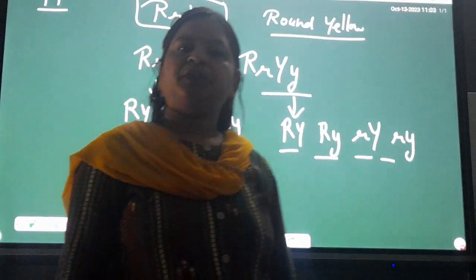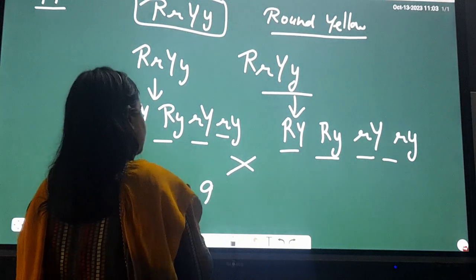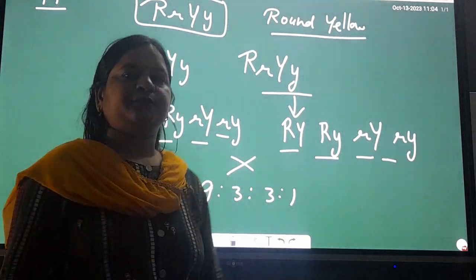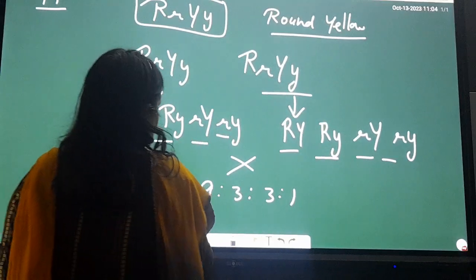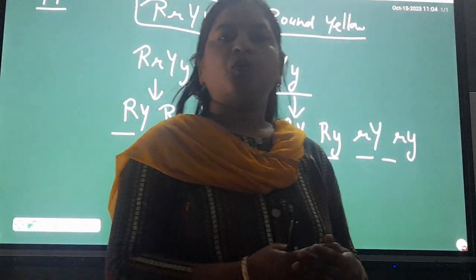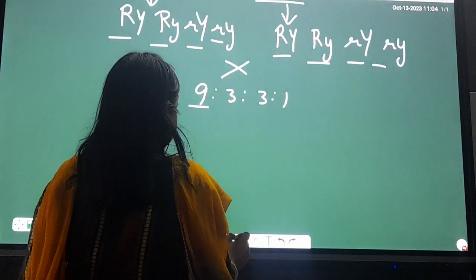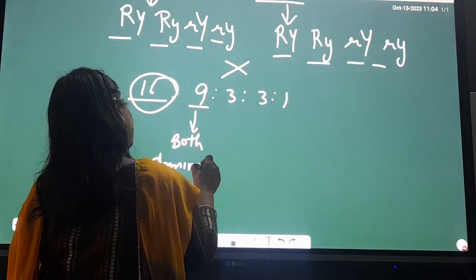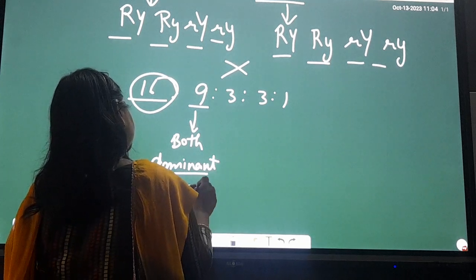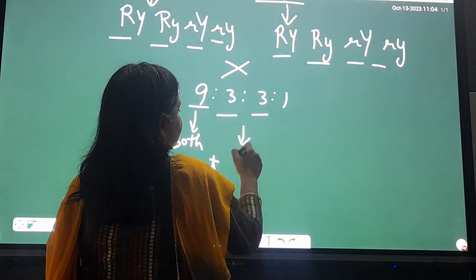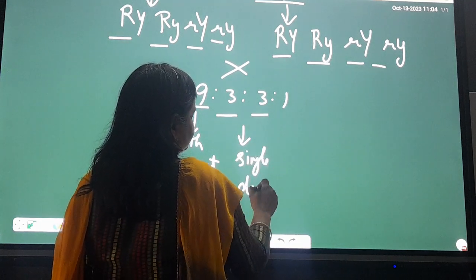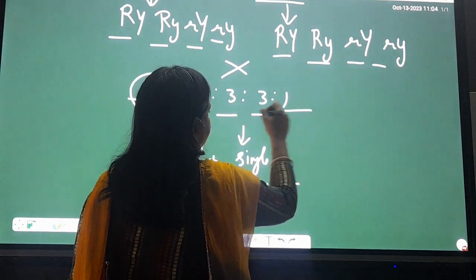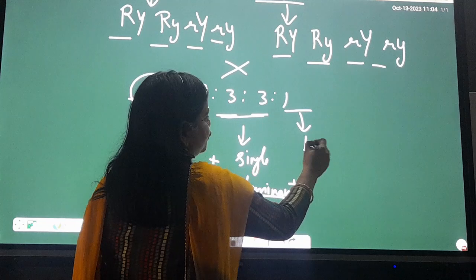Of these 16, the ratio obtained was 9:3:3:1, in which 9 plants had both dominant traits, 3 had a single dominant trait, and 1 had both recessive traits.